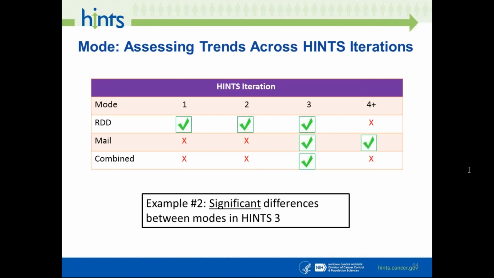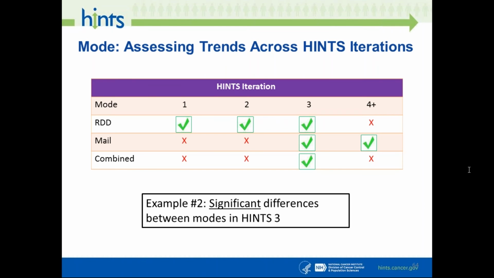But let's say again, statistically different. The two estimates are way different. There's no way we could trend across the mode, because the mode is making a big difference here. So what you need to do is two different analyses. For connecting HINTS 1, 2, and 3, the common mode would be the RDD weights.